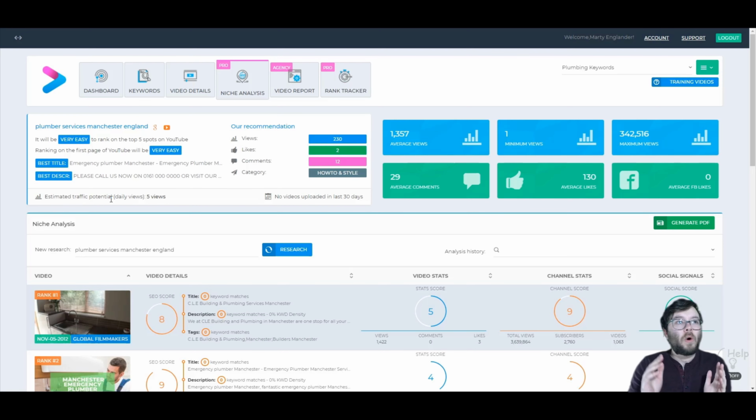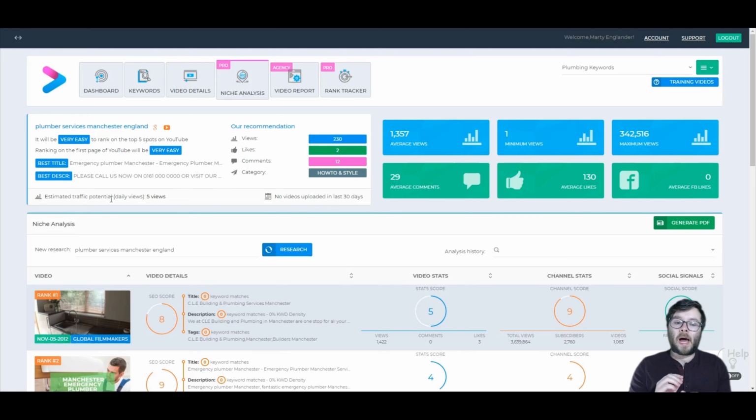But if they uploaded a video or targeted this keyword every day, or a different related keyword every single day, Google and YouTube will start saying, hey, this person's for real, they're consistent, they're not just spamming our platform with garbage, they're going at it every single day. We want to reward them with more exposure, with more everything.